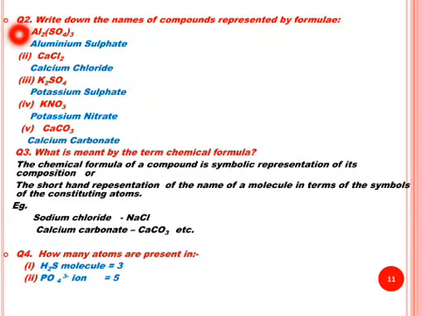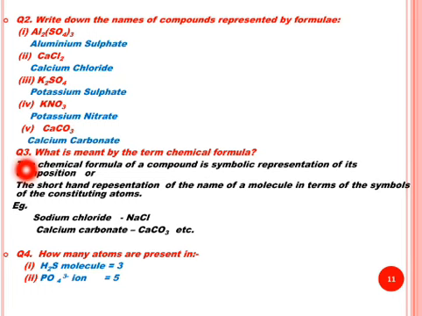Now see another question. Question number 2. Write down the names of compounds represented by the formulae Al2(SO4)3. It is aluminium sulfate. CaCl2, calcium chloride. K2SO4, potassium sulfate. KNO3, potassium nitrate. CaCO3, calcium carbonate.